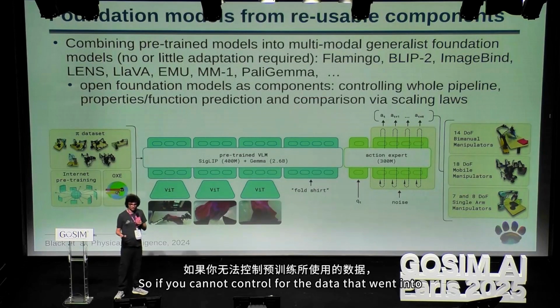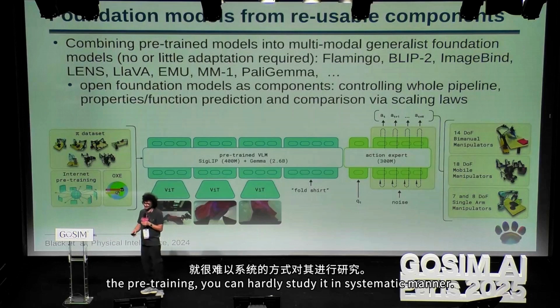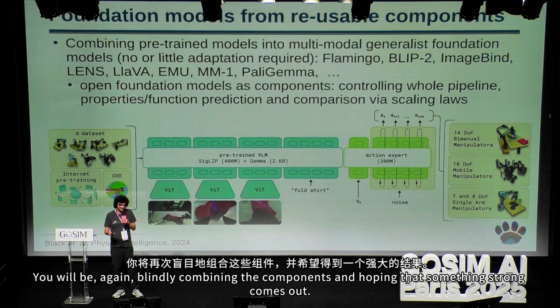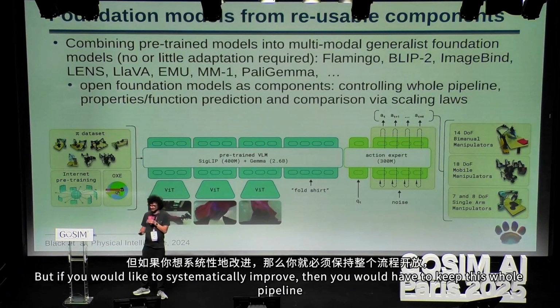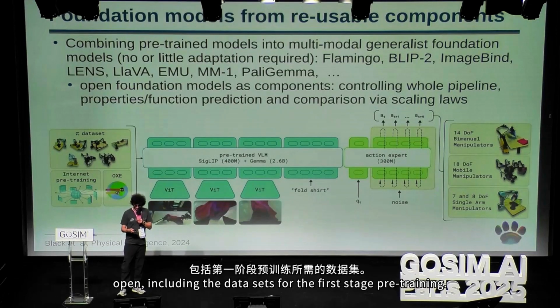If you cannot control for the data that went into the pre-training, you can hardly study it in a systematic manner. You will again be blindly combining the components and hoping that something strong comes out. But if you would like to systematically improve, then you have to keep this whole pipeline open, including the data sets for the first stage pre-training.